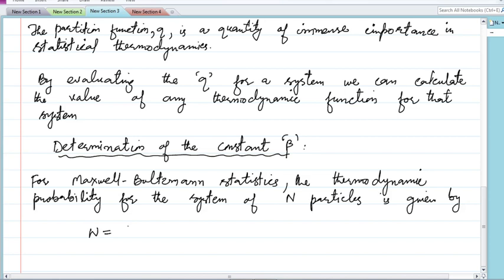W is equal to n factorial pi I gi raised to ni upon ni factorial into constant. So this is our equation number 8 basically.